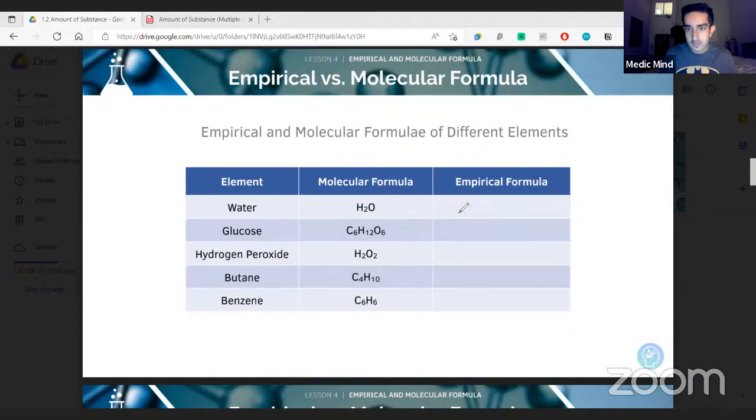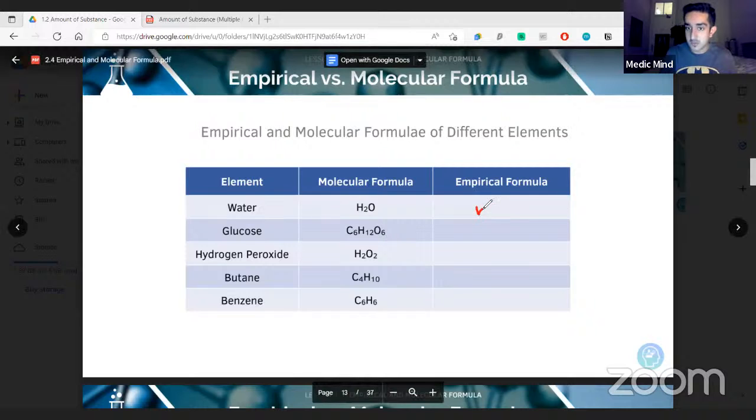So let's try H2O. The simplest formula is just H2O, the empirical formula for this one, because remember, it has to be whole numbers. CH2O, as you can see, because if you times that by 6, it gives you all the same numbers. HO.